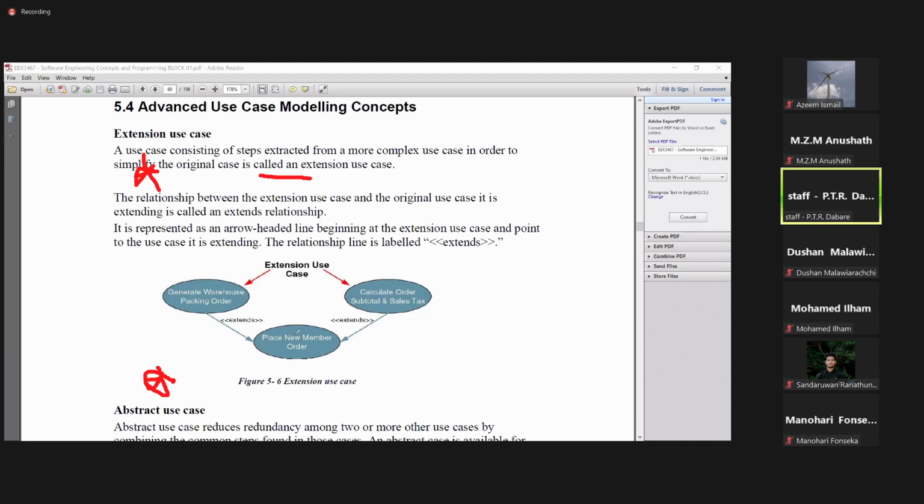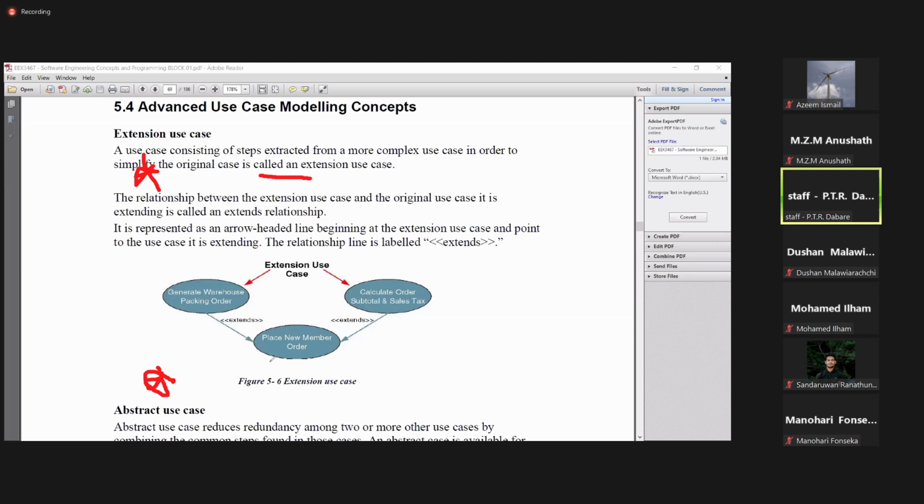So in order to place the new member order, we need to generate the warehouse packing order and calculate order subtotal and sales tax, which extend from place new member order. According to the question, you will read the question and then you will understand that this will be extending.